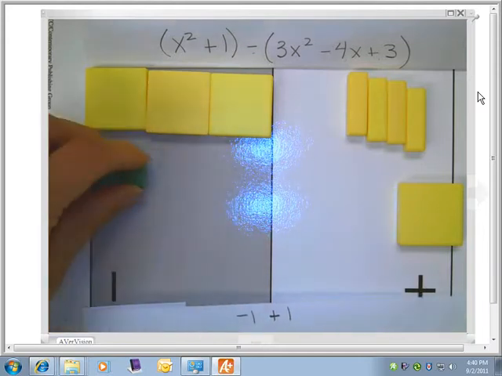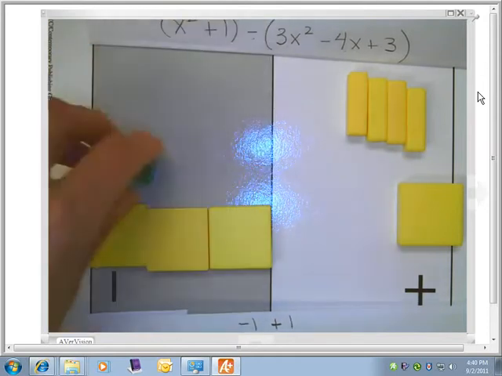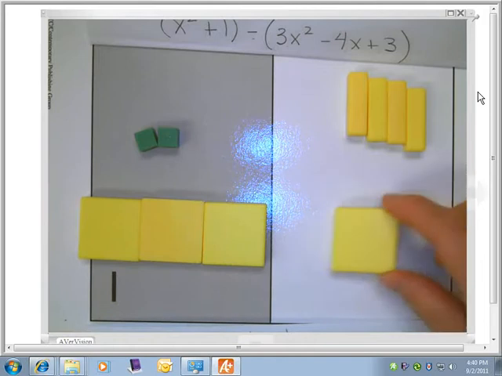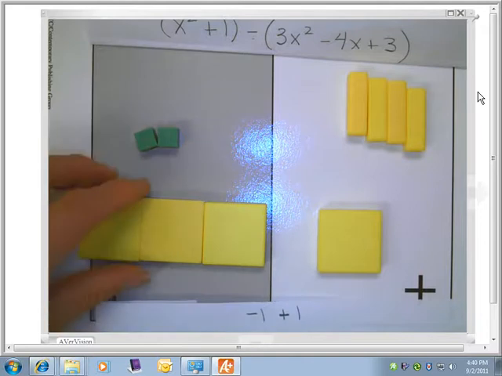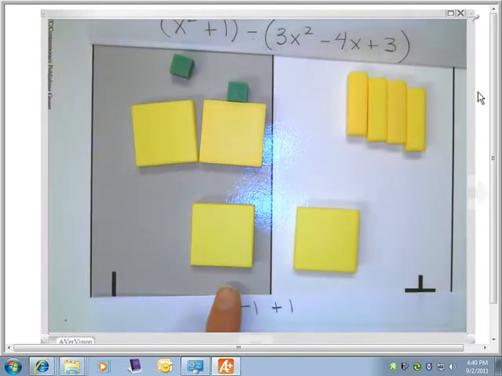Do we have any more of those going on? Well, I think we do. Let's look up here. I have negative 3 x squareds, and I have a positive x squared. Do I have any zeroing going on? Oh, I sure do. Look at right here.